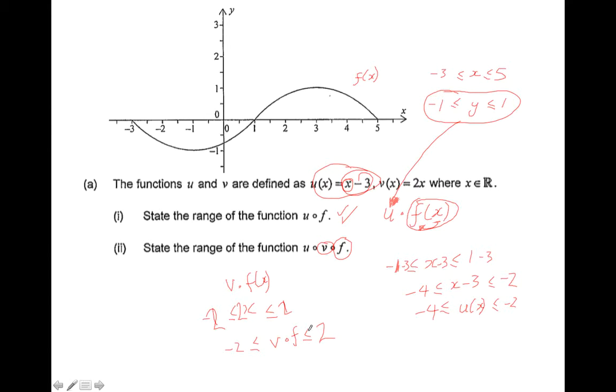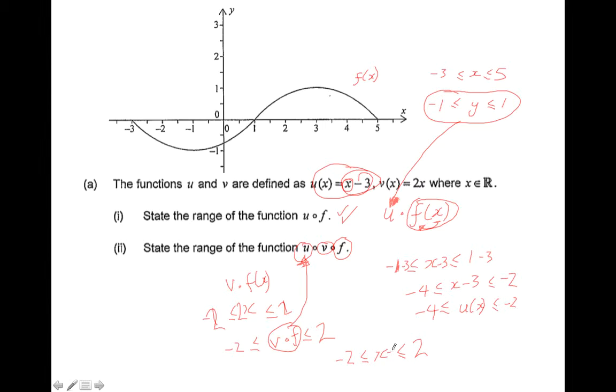But now -2 to 2 forms the input into the function u. So -2 again is less than or equal to the x input into the u function is less than or equal to 2. And then we do it again. The u function is take the inputs and subtract 3 from them.